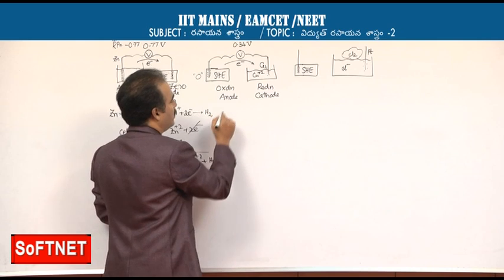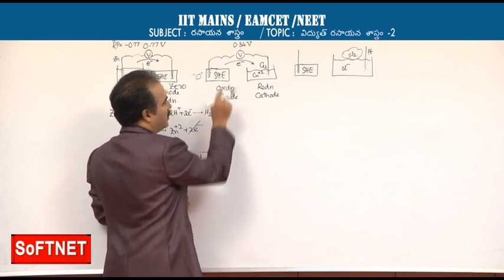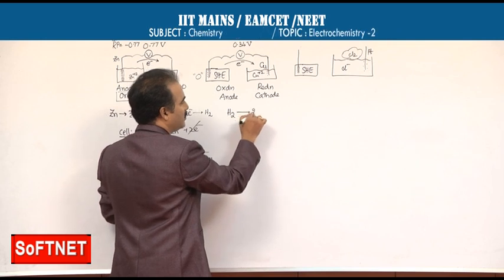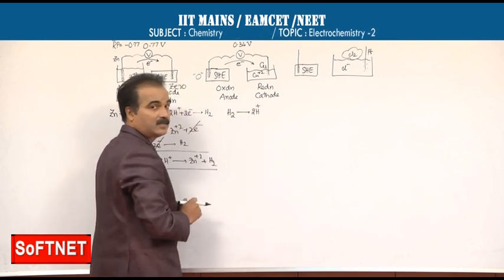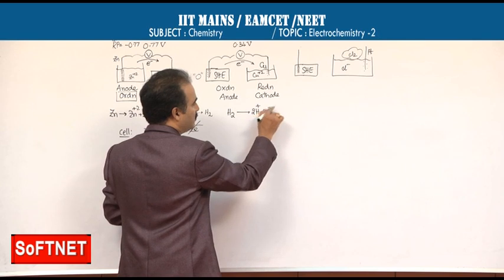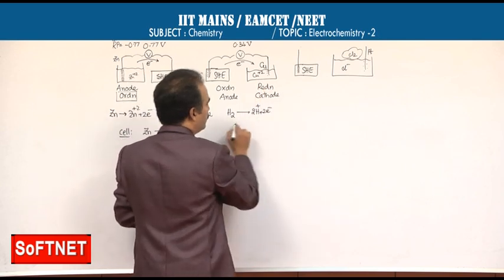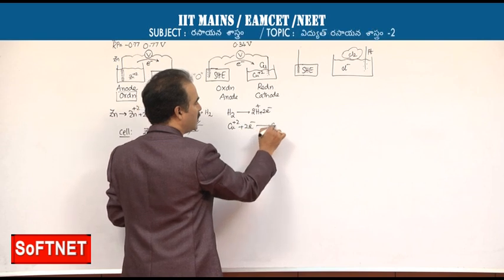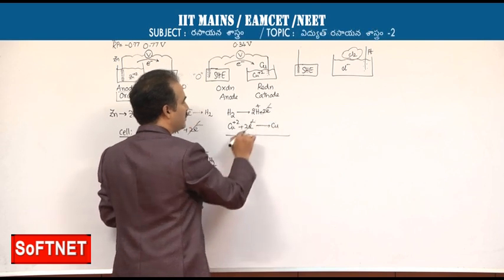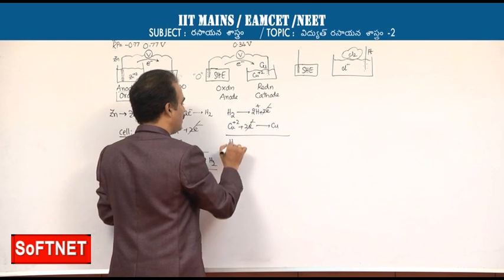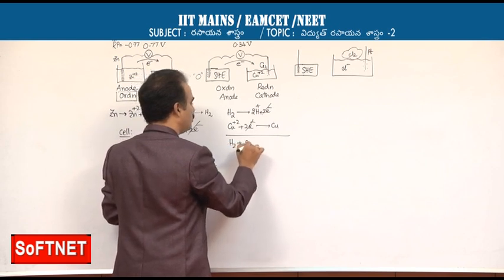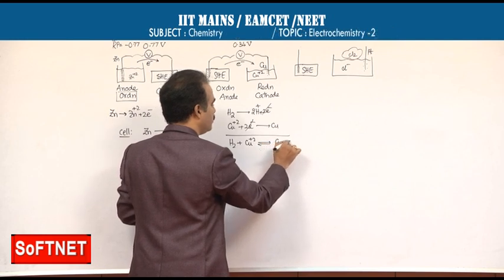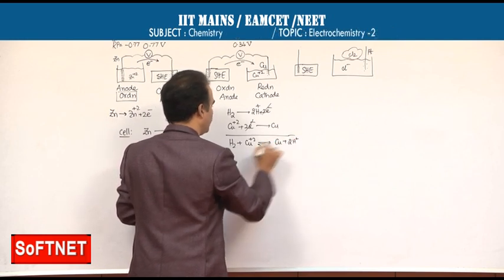So, corresponding reactions: oxidation at standard hydrogen electrode. Oxidation means hydrogen should become 2H plus 2 electrons. Reduction means copper plus 2 taking 2 electrons and becomes copper. Overall cell reaction of this cell is H2 plus Cu plus 2 gives rise to Cu and 2H plus.